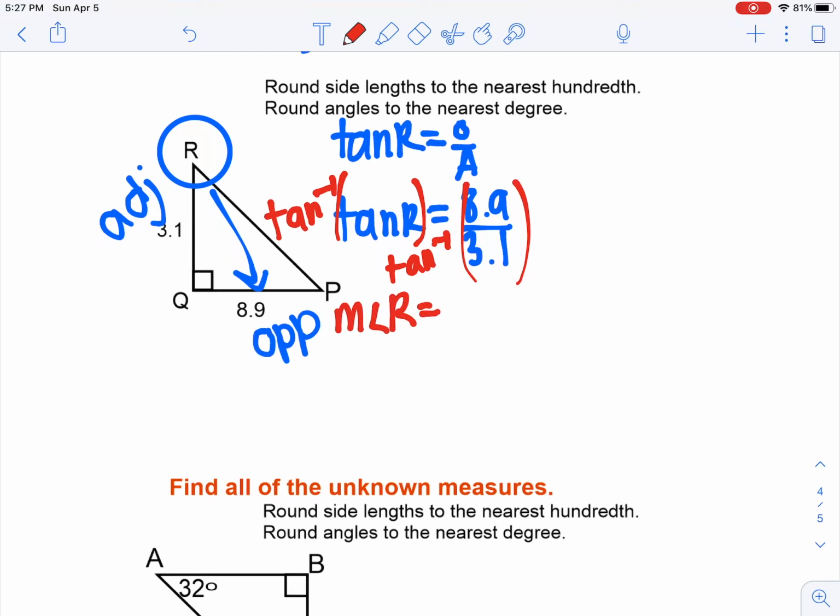Then we're left with the measure of angle R equals, go ahead and get your calculator out to find the tangent inverse of 8.9 divided by 3.1. And if we round to the nearest degree, measure of angle R equals 71 degrees.